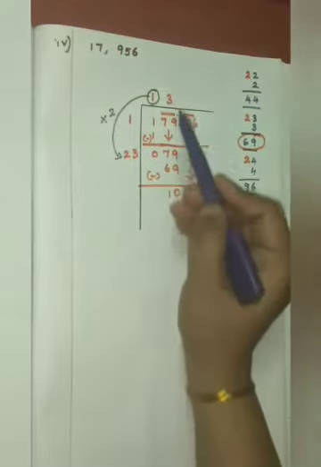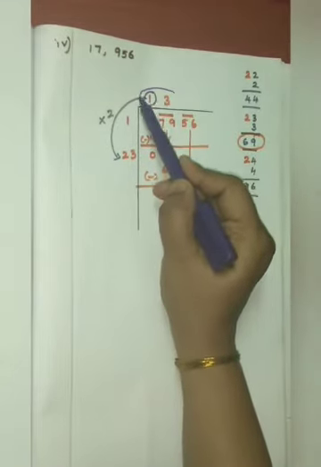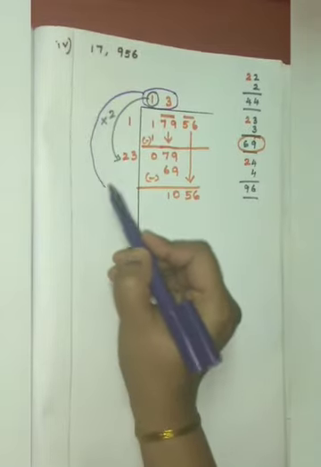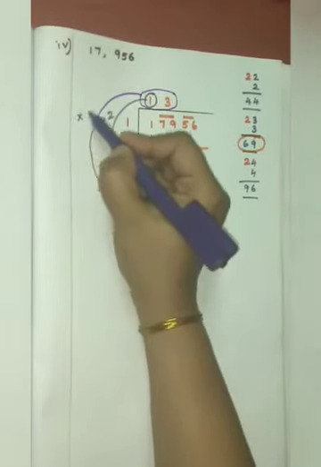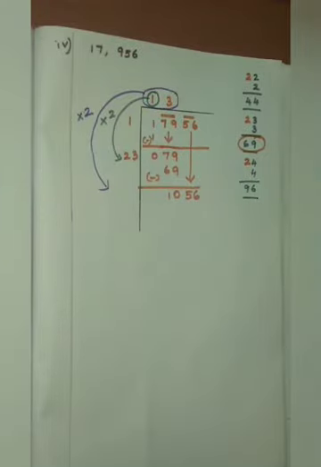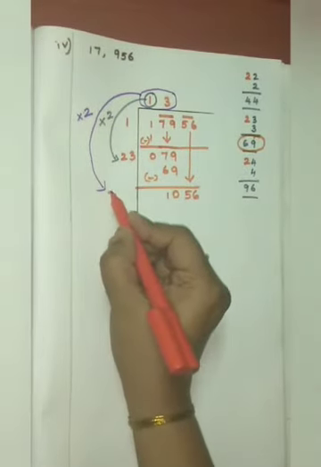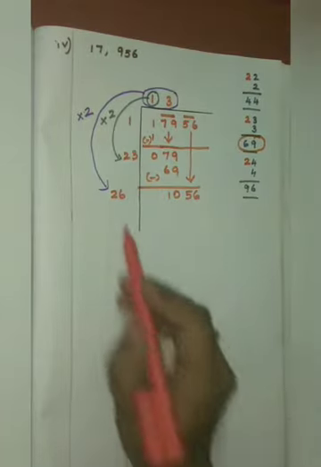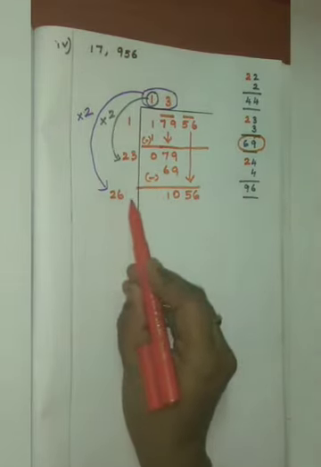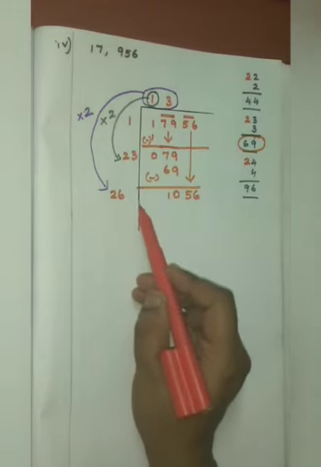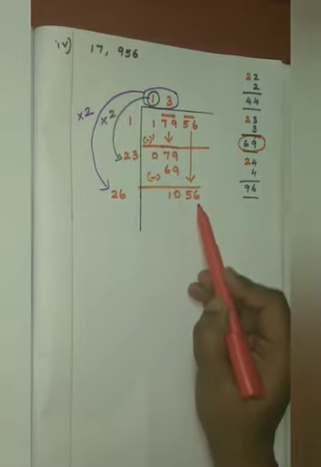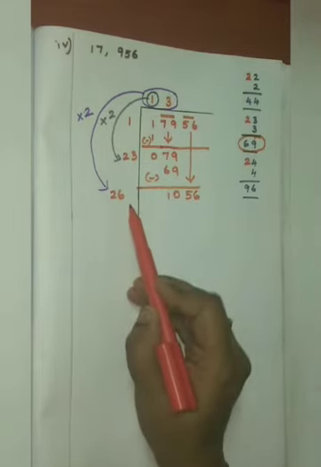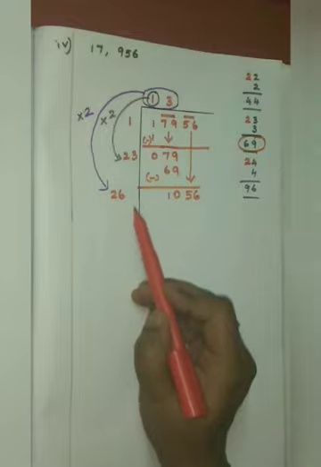Next step, you multiply the quotient by 2. Write it leaving a blank space next to it. The new divisor is 26 followed by a digit. Since the new dividend ends with 6, the required digit has to be 4 or 6.